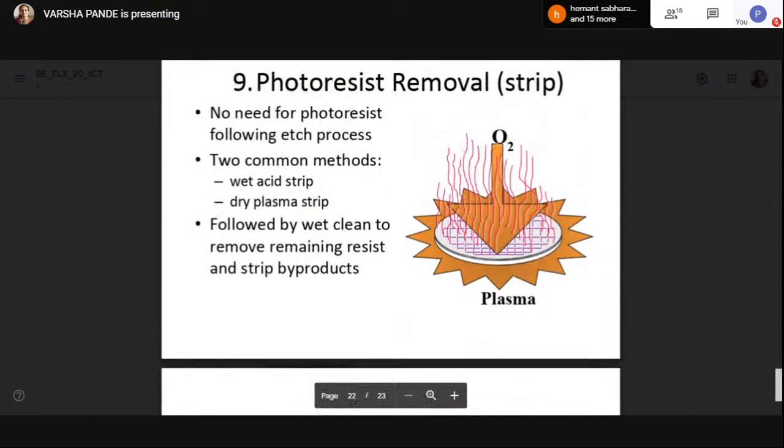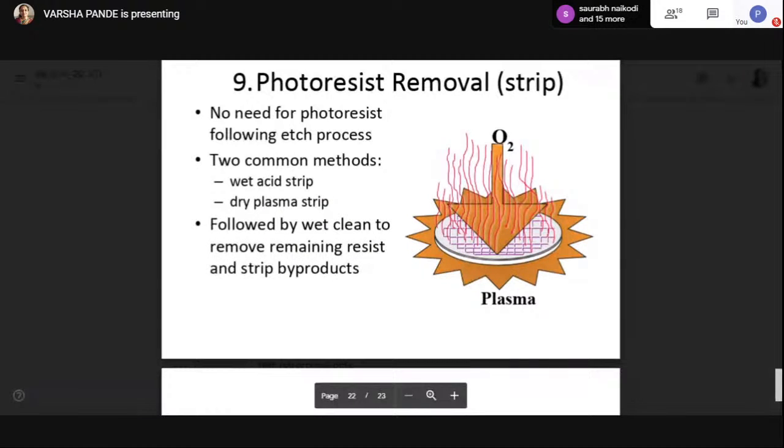Photoresist removal. Again for photoresist removal, etching will be used. There are some agent solutions in which only the photoresist can be removed, or plasma etching also can be done. So there are two methods for photoresist removal: wet acid strip or dry plasma strip. Dry plasma strip means using plasma, dry etching is done.